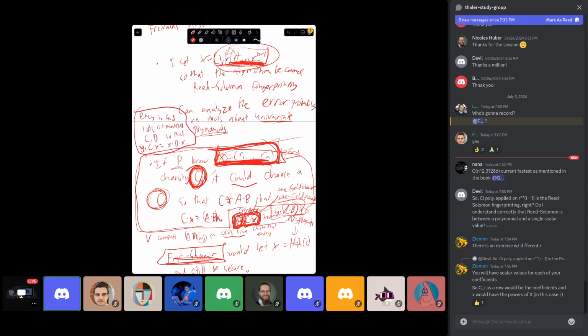This is why this can't possibly be binding. A binding commitment needs the property that finding two things that result in the same commitment value is intractable. Here we just don't have that, because once you tell me any two vectors Y and X, simple linear algebra will let you find a lot of matrices that have this property. So you're going to need something like a cryptographic hash function to actually get a commitment.